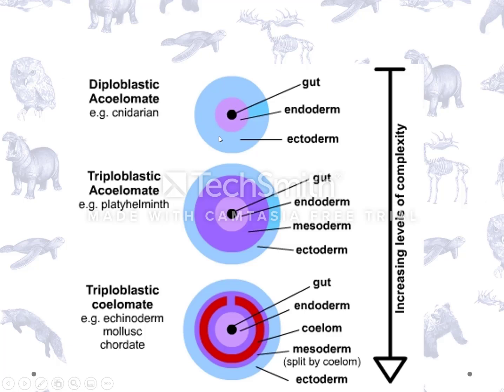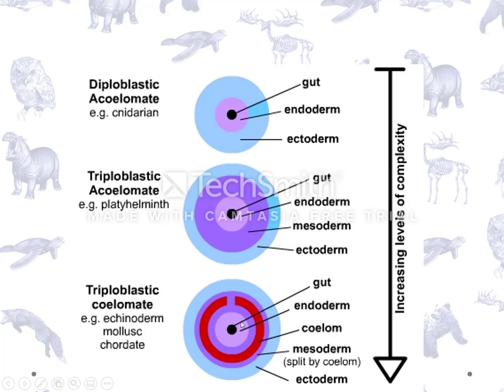Outermost layer would be the ectoderm. This then is a diploblastic organism with no coelom. So it's diploblastic acoelomate. The next one here, there are three layers, the light purple, the darker purple, and the blue. Three layers, but we didn't see a coelom, so it's a triploblastic acoelomate.